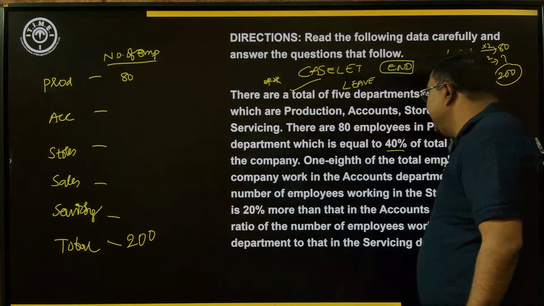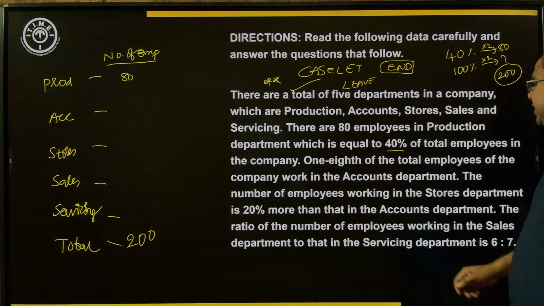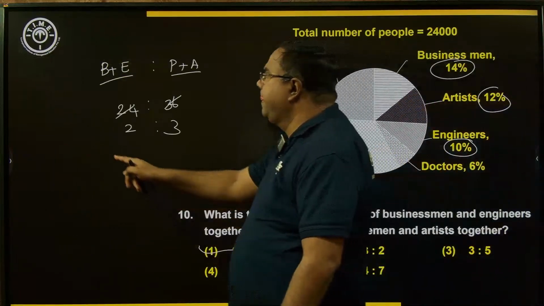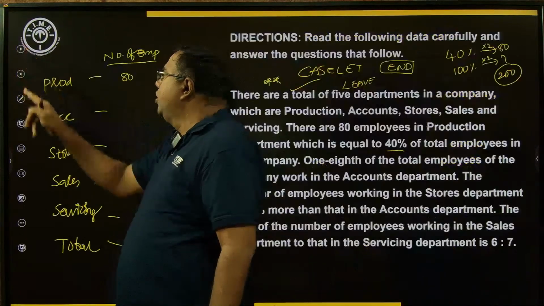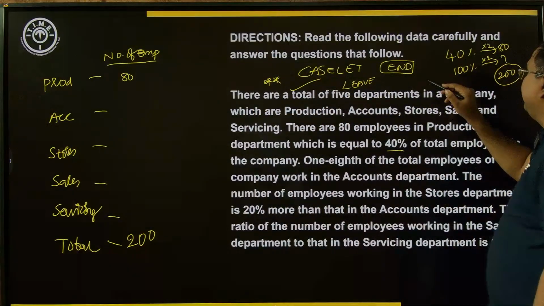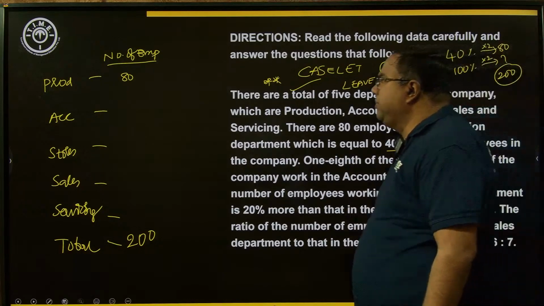Then any other information given? 1/8 of the total employees are working in accounts department. So what is 1/8 of 200? Clearly it is 25. Accounts department has 25 people.